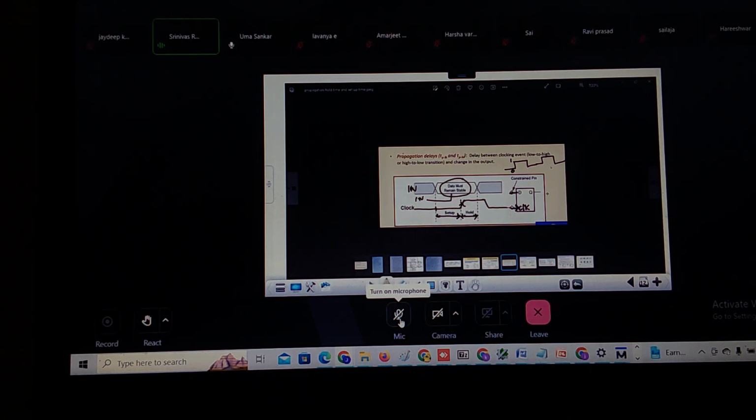It leads to metastability. If I change the input during setup and hold time, then my flip-flop output Q will show unpredictable behavior.